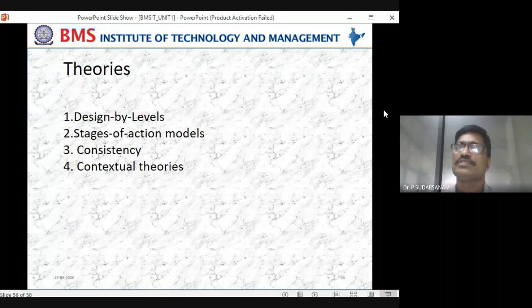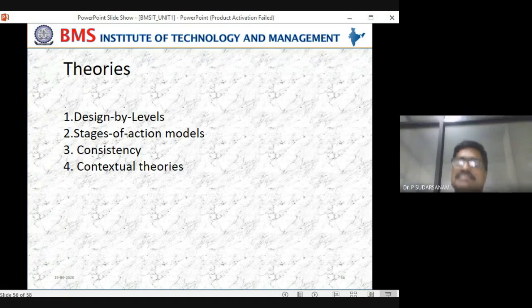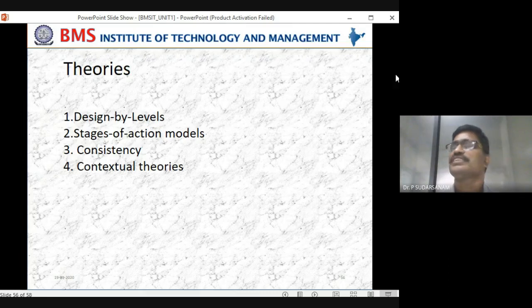This type of examples only we will be taking and discussing for user interface design. Sometimes you may feel bored, but we don't have other options to discuss. With the availability of resources, even in the textbook, the same examples were given, and the same diagrams, menu items, all these things.